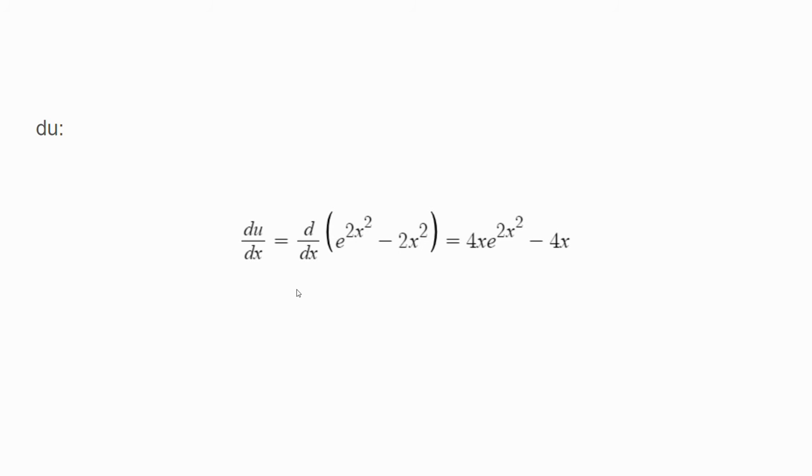And so now you'll note that if we take du over dx, we actually get what is exactly 2 times the numerator. So if you'll remember how to do a u sub, if we have 2 times the derivative of something, we can substitute it in, but we just got to divide by 1/2 when we do it.